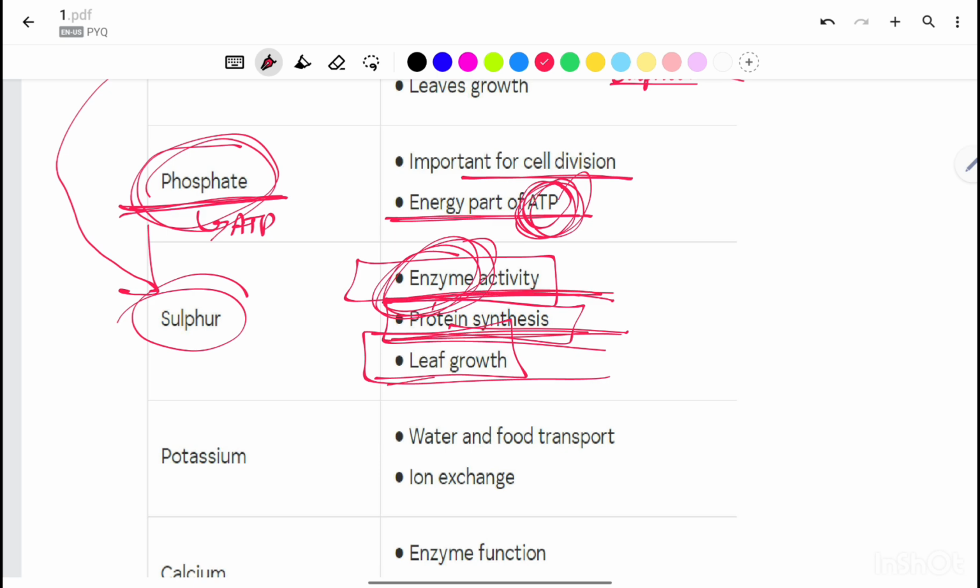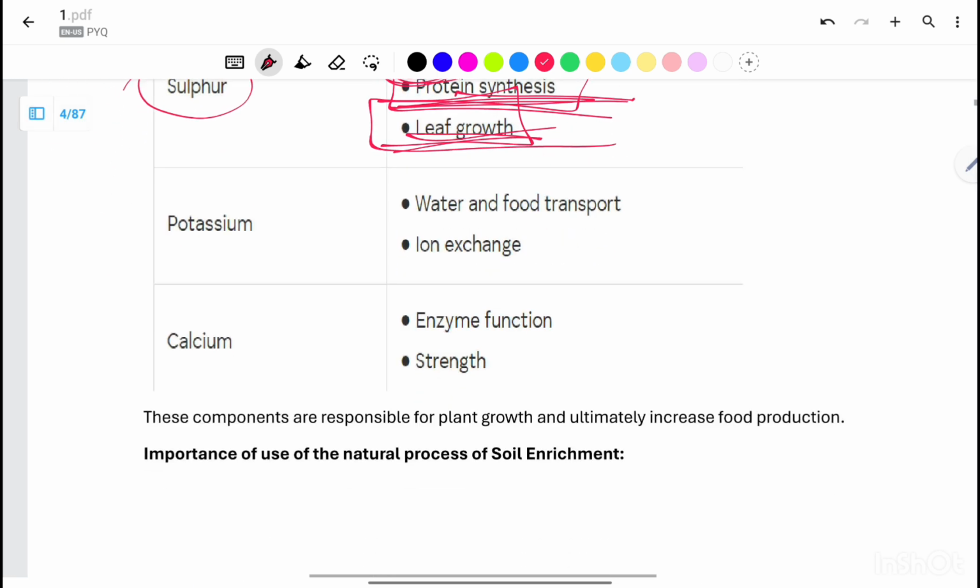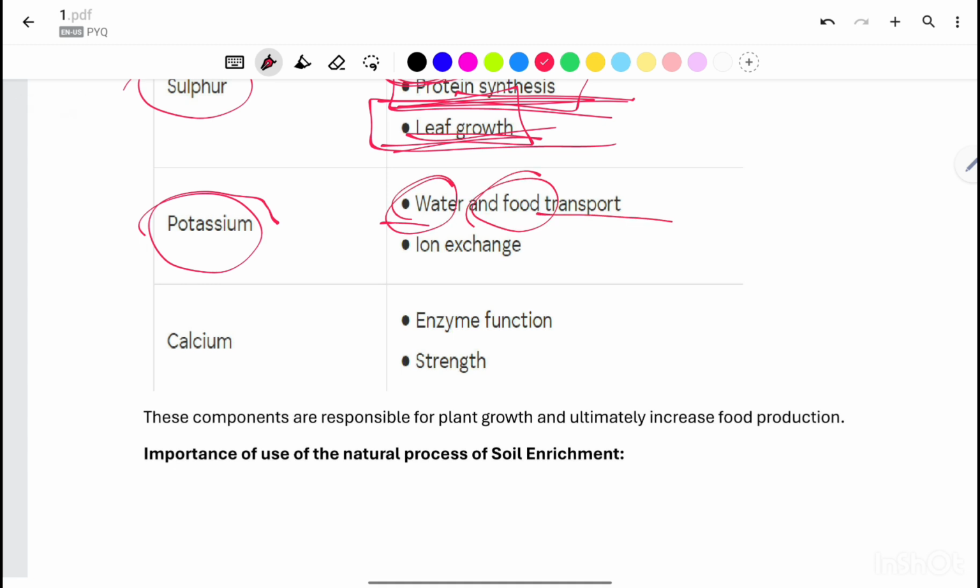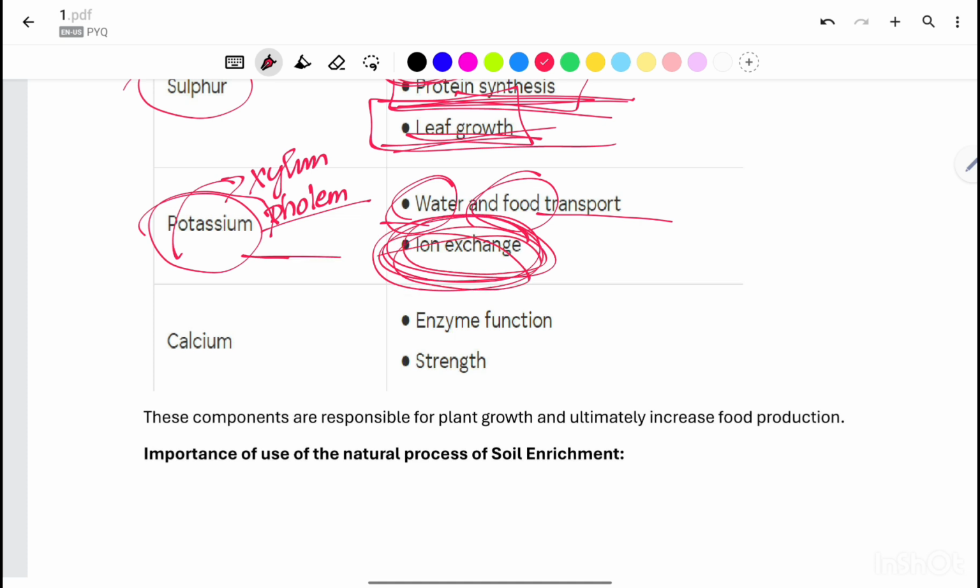Next we have potassium. Potassium is for water and food transportation. Potassium is useful for the xylem, water transportation, and phloem, food transportation. Right, xylem and phloem. Then for water, potassium is used for ion exchange. Calcium is for enzyme function and for strength.